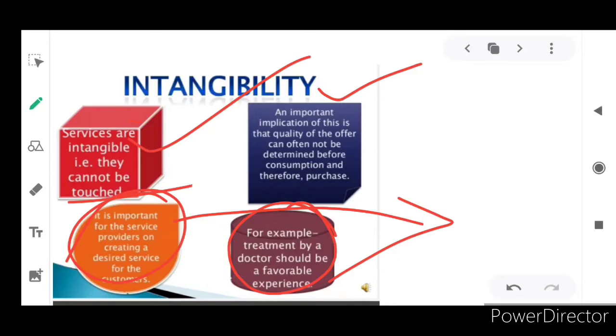So the quality of the service, we cannot determine before we enjoy it, isn't it? So like this, it is intangible and invisible, but we can enjoy, we can feel, but no one can touch it.